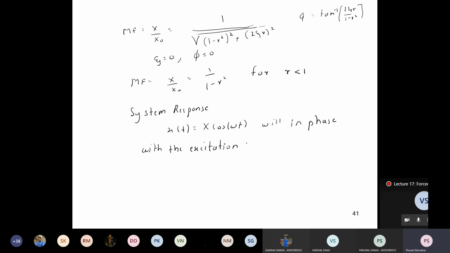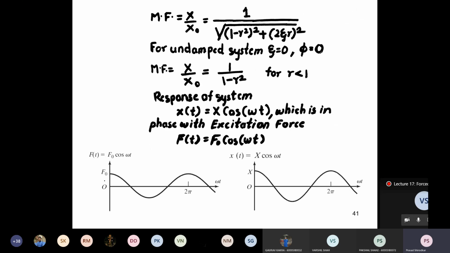If I plot these two quantities, F0 on one and x on the other, here there is no phase lag. So when F0 is maximum, x is also maximum. This is called the response of the system being in phase with the excitation force.